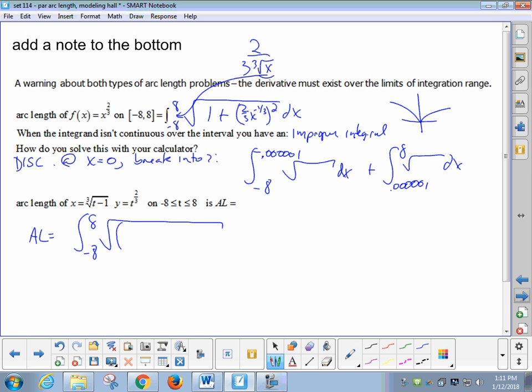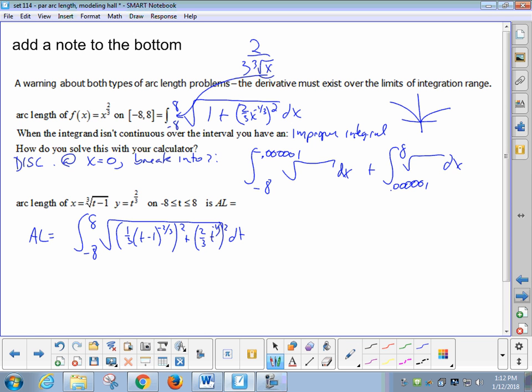So what's x prime? 1/3 t minus 1 to the -2/3, that quantity squared, plus 2/3 t to the -1/3, quantity squared, dt.